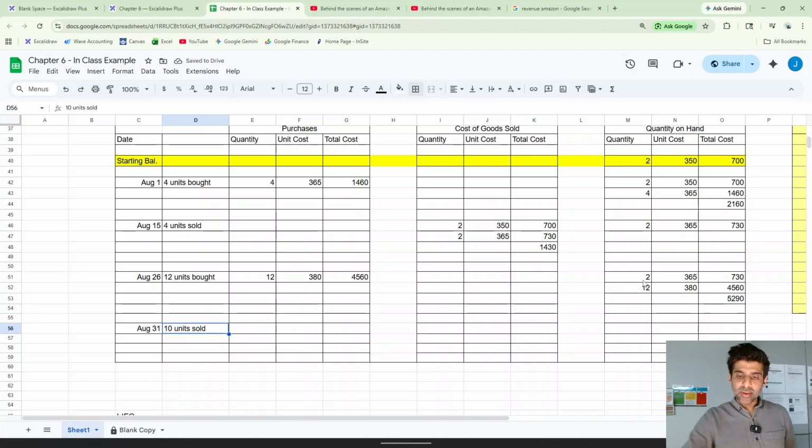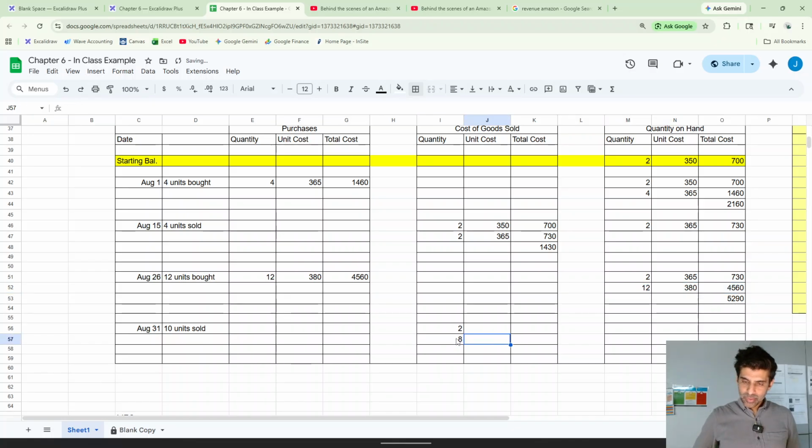So again, we're gonna start at the back. These are the oldest ones. We're gonna expense those 2. And then we're going to move on. How many more units do we need from here if we're selling 10 total? 8 more, exactly. So 8 units. So we're 365. These are 380.